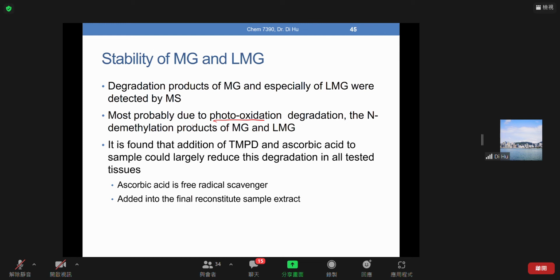That's why it was found that addition of an antioxidant, like TMPD, hydroxylamine, which we talked about, or ascorbic acid to the sample, could largely reduce this degradation. So in all the tissue, that makes the reproducibility of the results better. Okay.